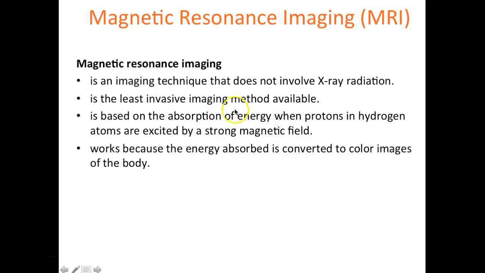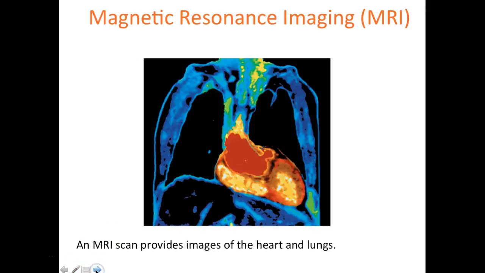But it does involve absorption of energy, and this is from protons, because 60% of our body is made up of water, and in a strong magnetic field, those protons get lined up a certain way with respect to the magnet, and because of that, the energy absorbed can be converted into images. So this is an MRI of heart and lungs, showing the blood flow.